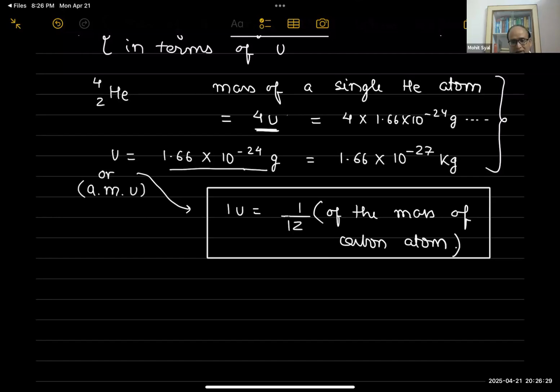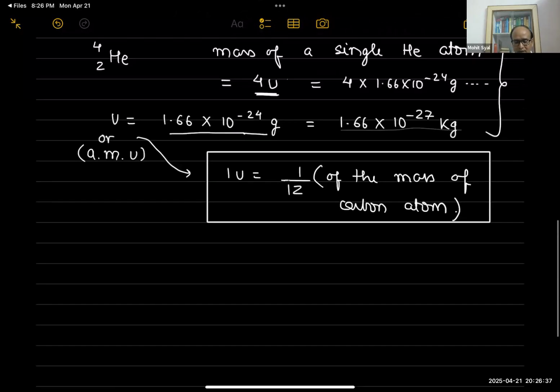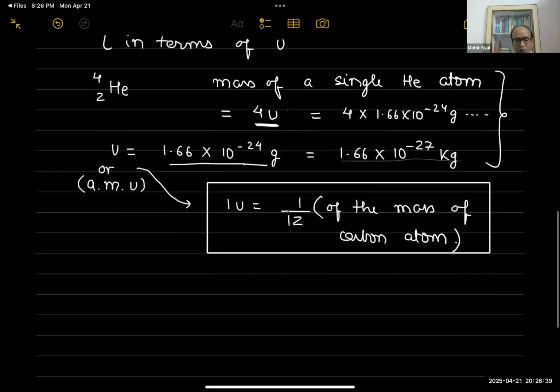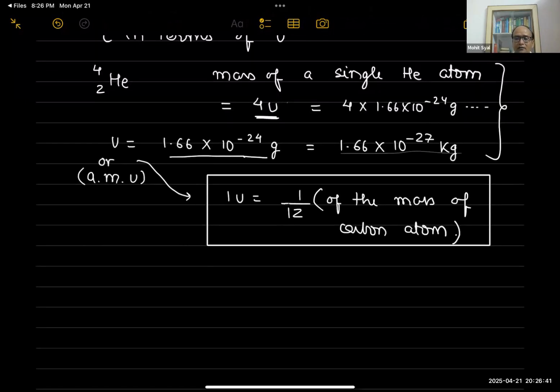Next thing is, how do you count the number of particles? Is there any unit of counting you are aware of? Like dozen.